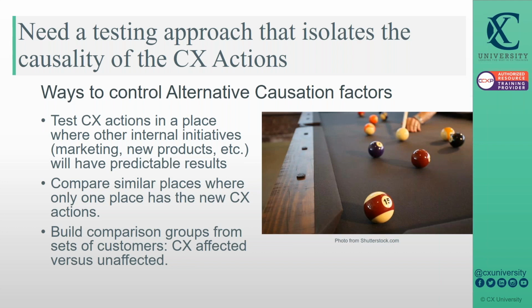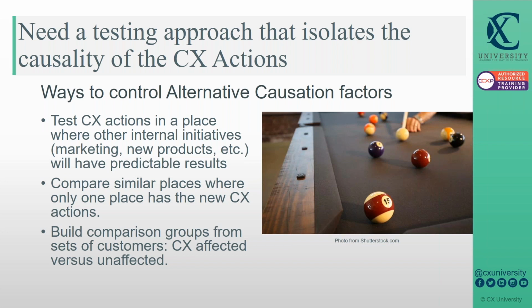Again, in the second approach here, if a competitor does something, presumably it is effective in both of the places that you're doing the test in the control group, and therefore that is controlled. You've controlled those external causation factors.